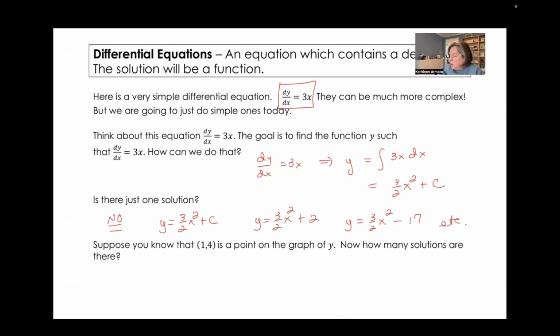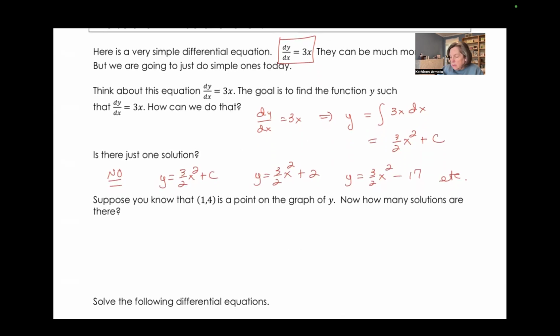Now, if I know a single point on the function y, then could I find the particular solution? If I know that (1, 4) is a point on this graph, I could plug in 1, 4. So I would have 4 equals 3 halves times 1 squared plus c.